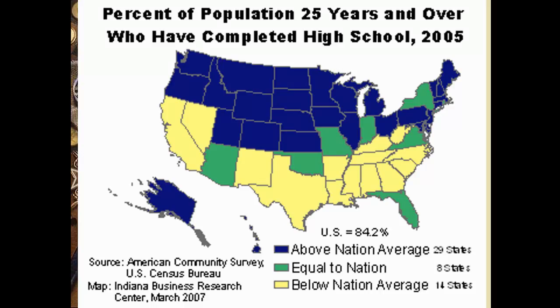But you see in the key, there are different colors that represent different things. It is showing us boundary lines, but it's not labeling them. There are no cities in here, no mountains in here. Just the percent of population 25 years and over who have completed high school.